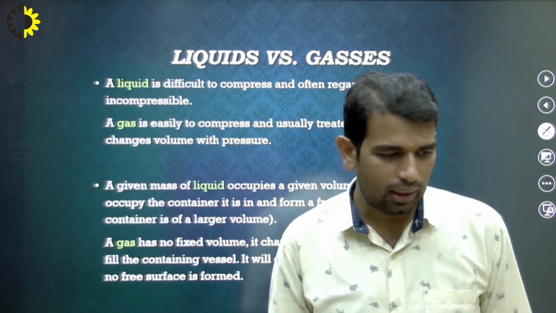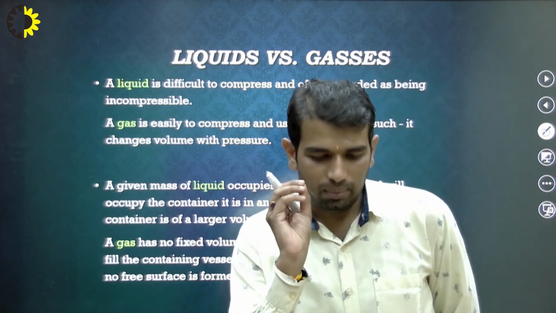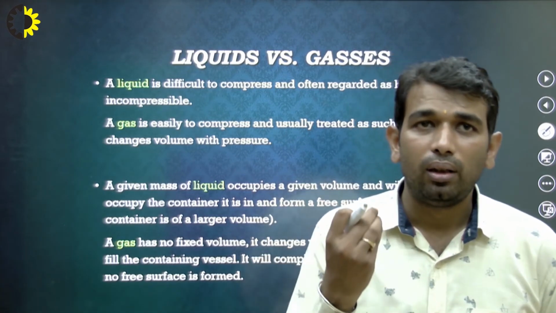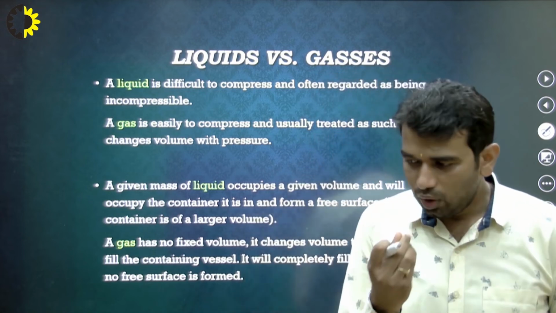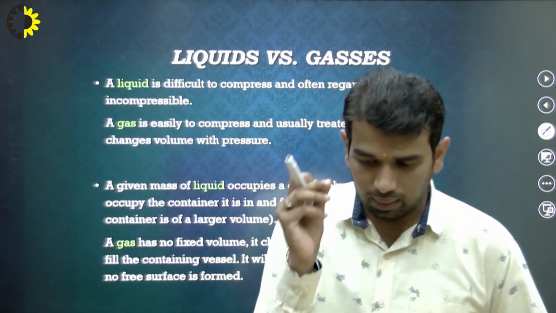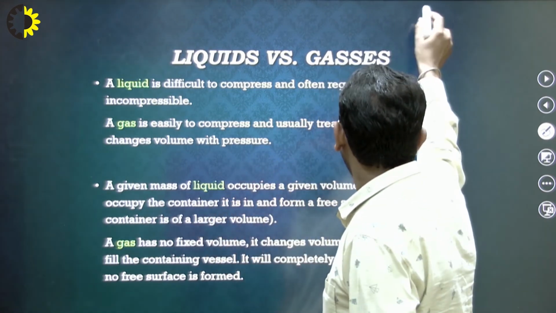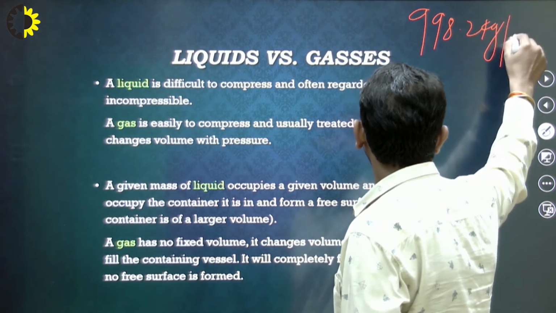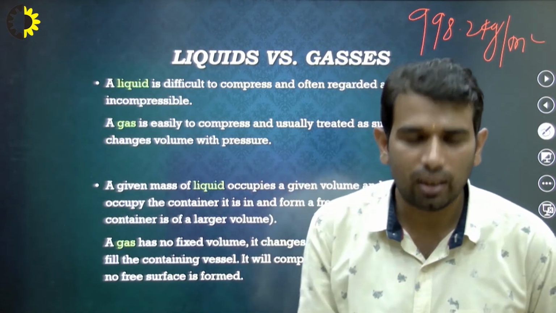For example, take water. If you want to change the density of water by just 2%, you have to change the pressure 100 times. The density of water is 998.2 kg per meter cube at normal temperature and pressure, that is 1 atm pressure, an experimental value.